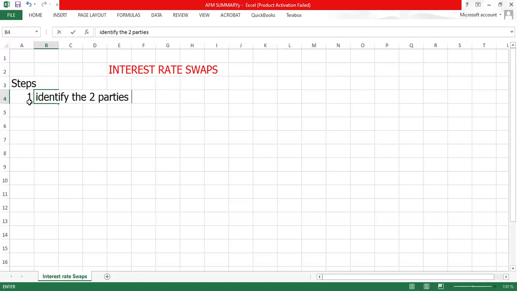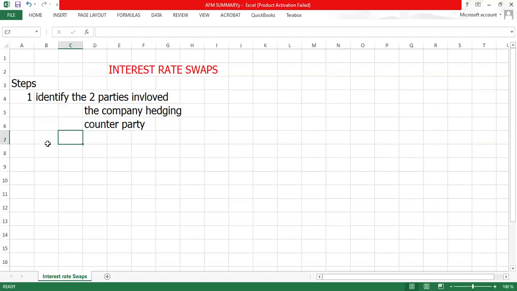Identify the two parties involved: that is the company hedging, and then also the counterparty, because if you want to hedge, you need the other party.